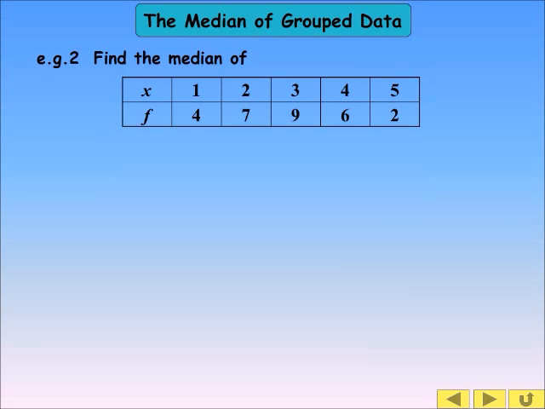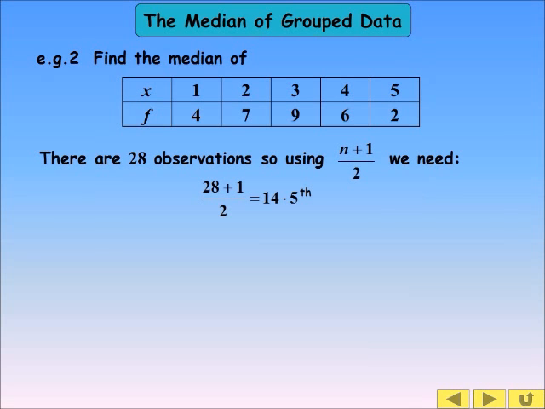So there are 28 observations. So you use (n plus 1) divided by 2. How many numbers are in this data? Why do I have this 28?